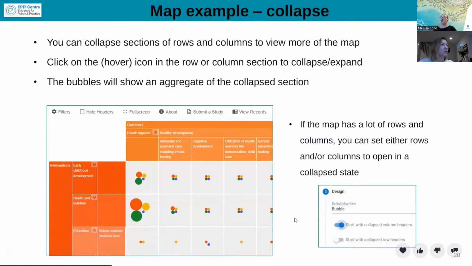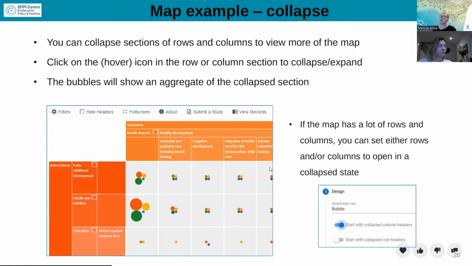You can also choose to, when you're viewing a map, collapse sections of rows and columns so that you're able to get a better overview of different features of the map. You would simply do that by clicking on the double arrows on either the columns or the rows.